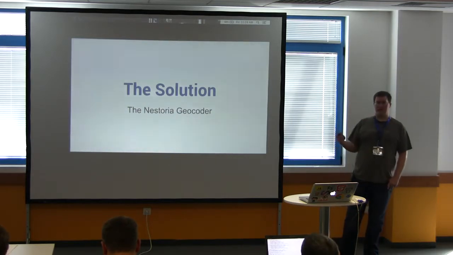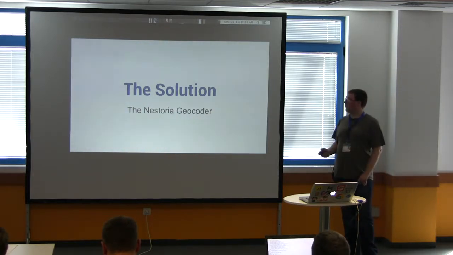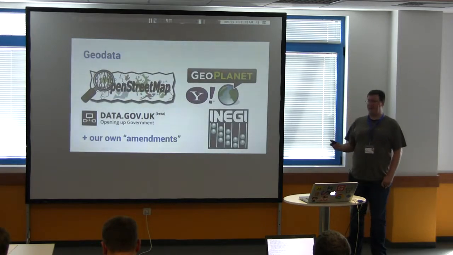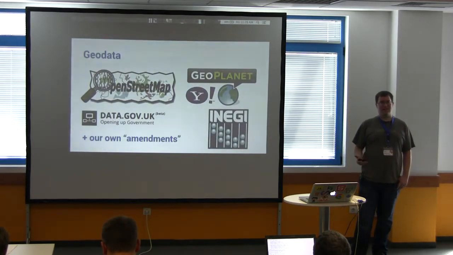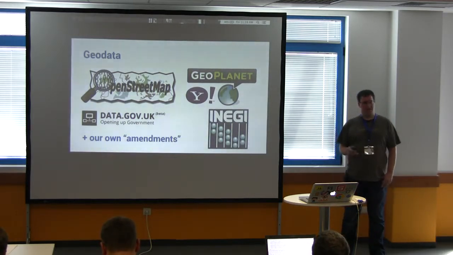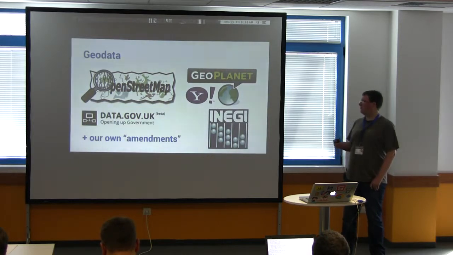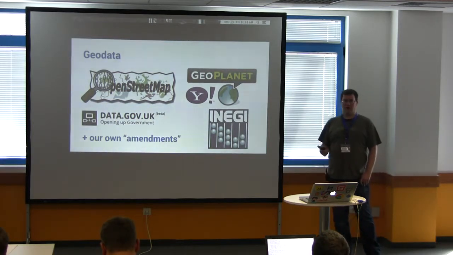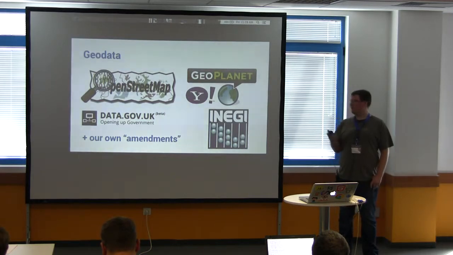So I'm going to quickly describe how we've approached this in Perl. First thing that we really needed is the data, the location information. And we looked at a lot of the solutions, and for a while we were actually buying data from big data resellers, the kind of people who make your satellite navigation systems.